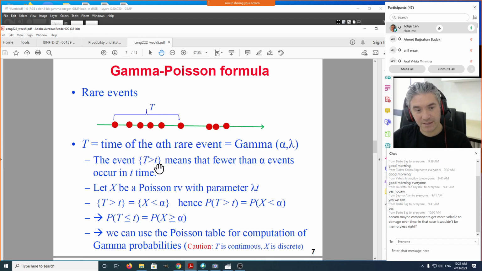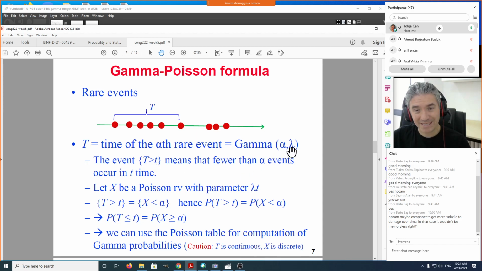Now, when we convert it to the number of events in t time, it becomes our Poisson random variable. So now we define a new Poisson random variable with the parameter lambda t. T here was the question that we were asked, right? In the problem, for example, we may be asked, what is the probability that the wait will be greater than 10 minutes?